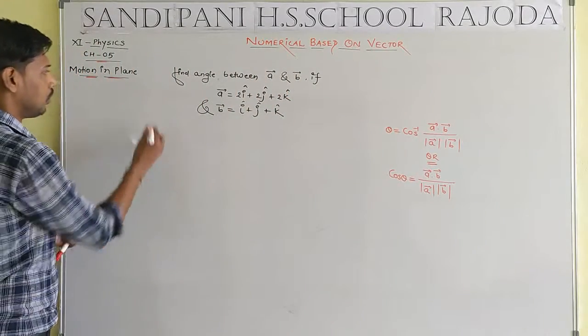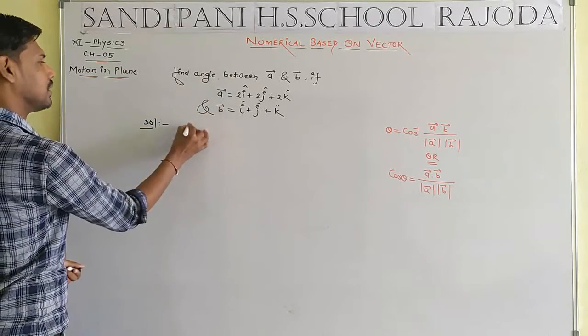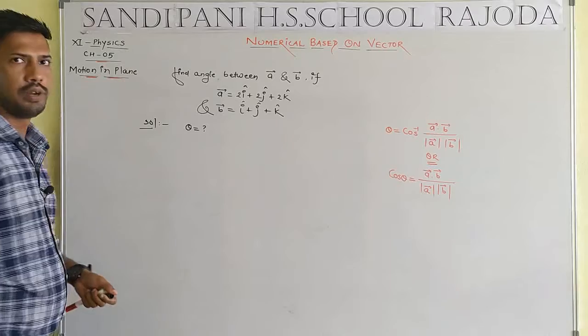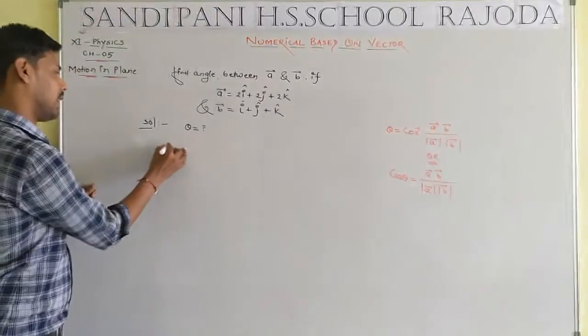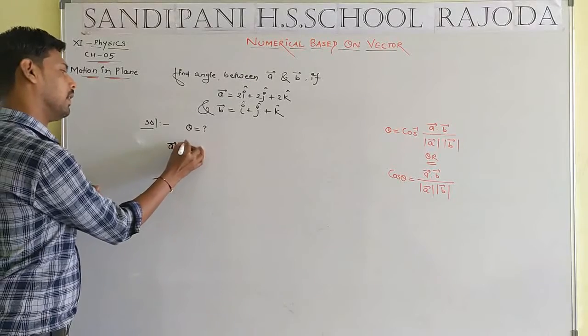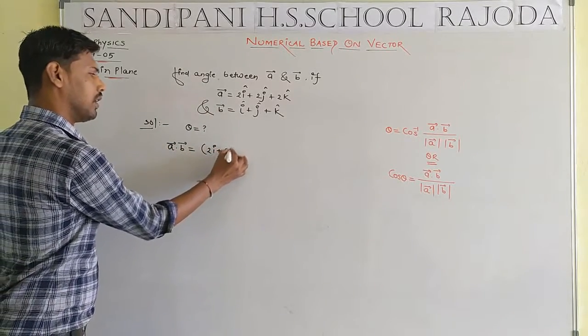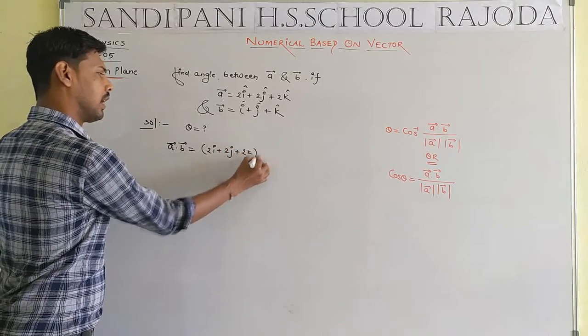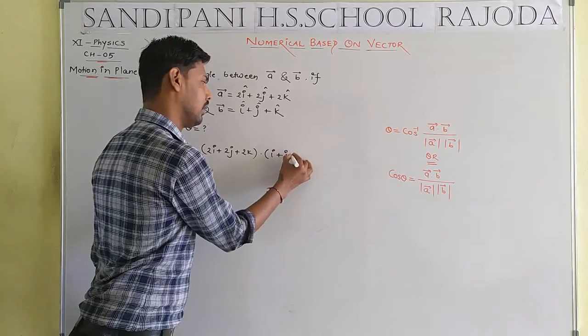Solution time. To find the solution, we have to calculate the angle, that means theta equals question mark. First, we need to find vector A dot vector B. Vector A is 2i plus 2j plus 2k, and B is i plus j plus k.